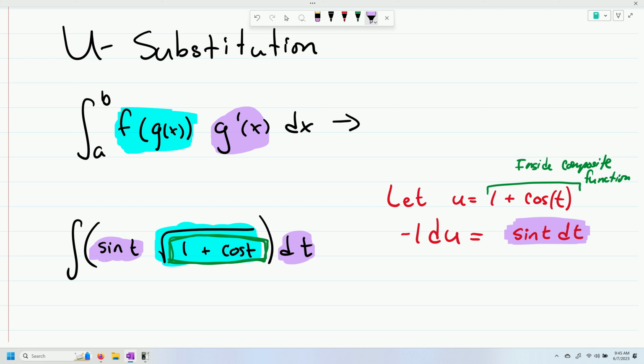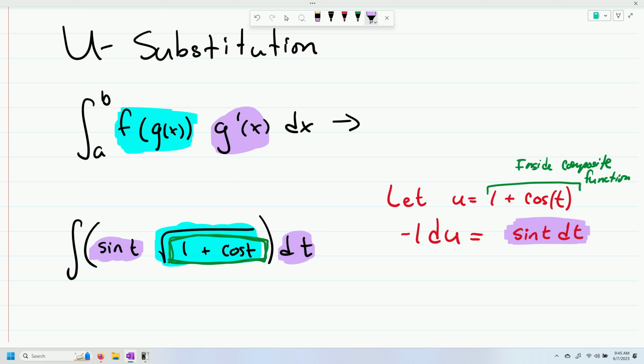So in purple or lilac, I think that's a lilac color, you can see that, yes, we exactly match everything that we need. All right? So we have a composite function and we have its derivative staring us in the face.